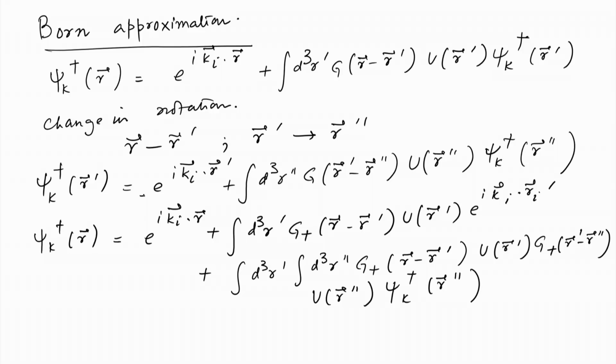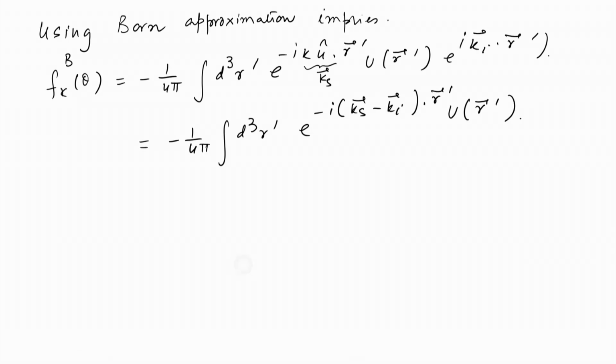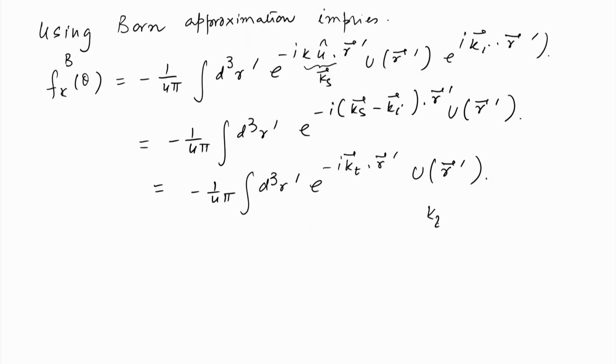So, this is equal to minus 1 over 4 pi times the integral d cube r prime exponential minus i k_t dot r prime u(r prime). So, k_t is the transferred wave vector, as we have already told.